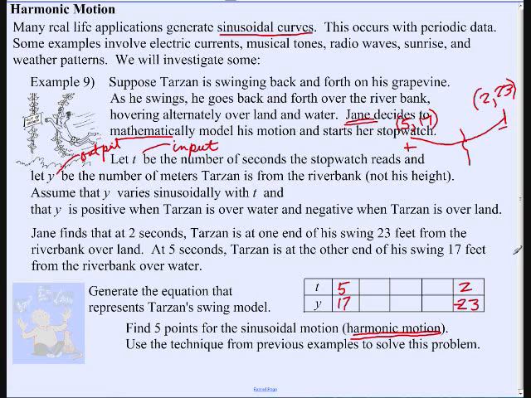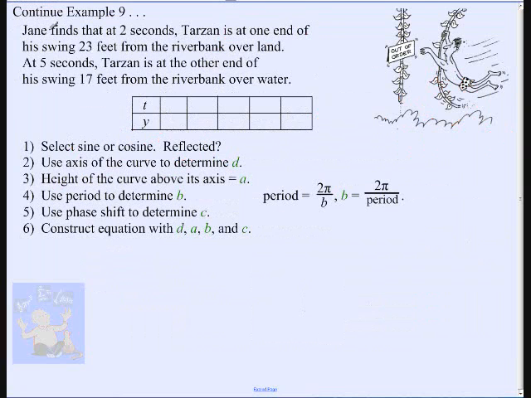Yeah, because we agreed that the position is positive over water. So this is positive, and this one's actually going to be registered as negative. I'm going to pick this up on the next.